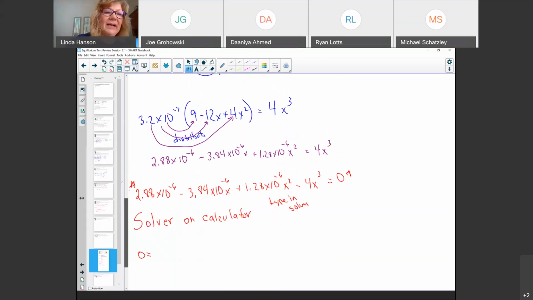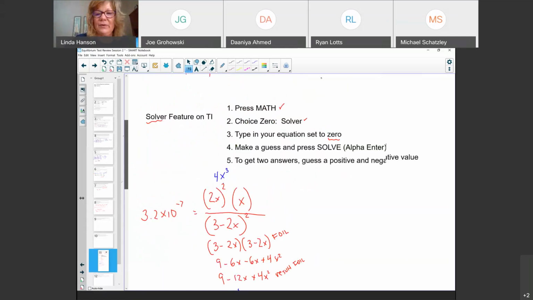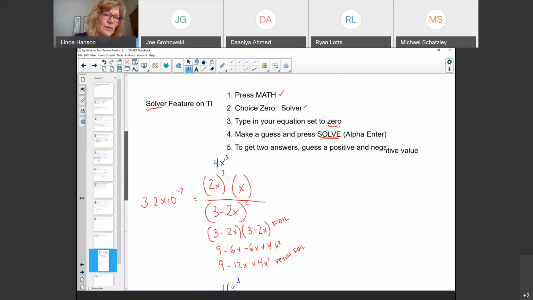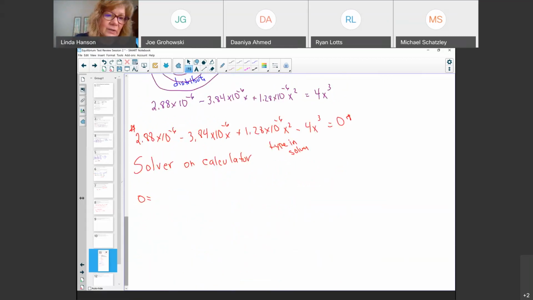When I come back to the directions, you have to solve this equation. Now, this might be new for you. To solve, it's the green button on enter. Look at your calculator. You see the word solve sitting above enter.